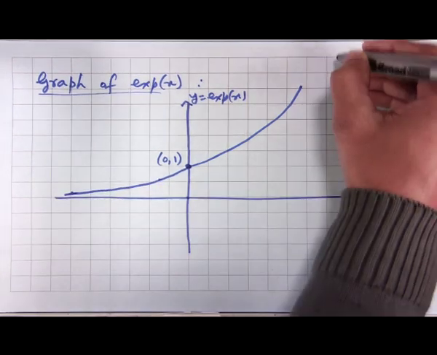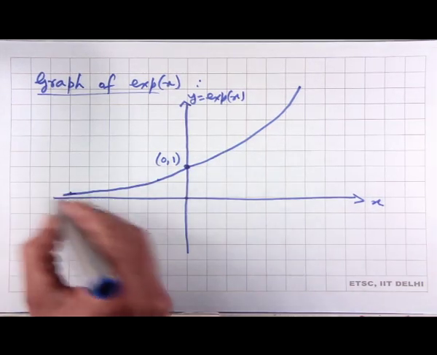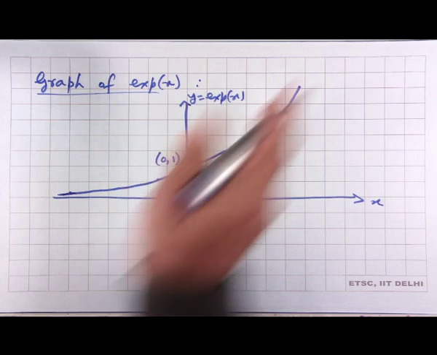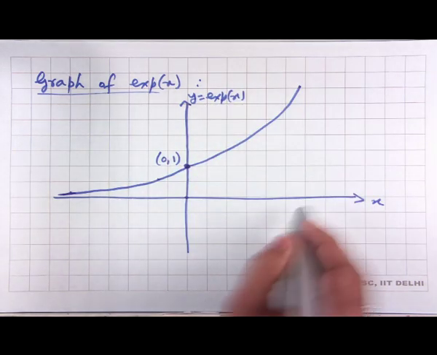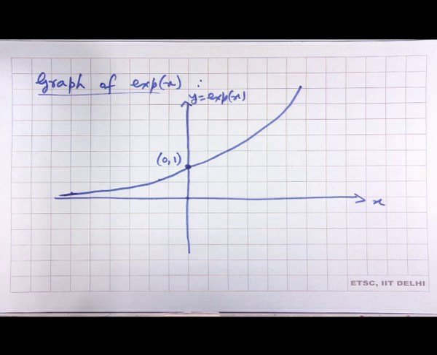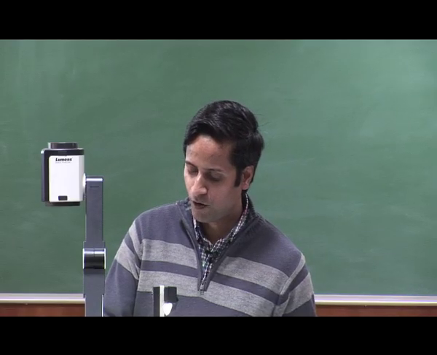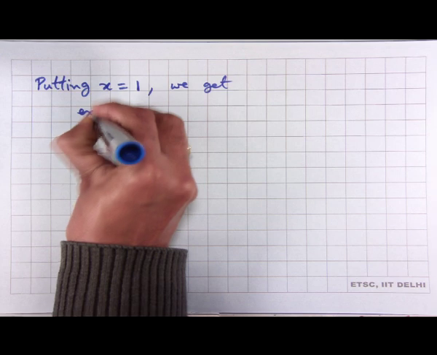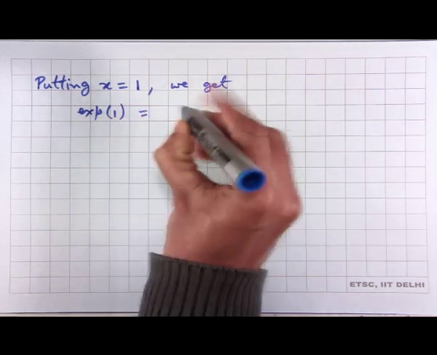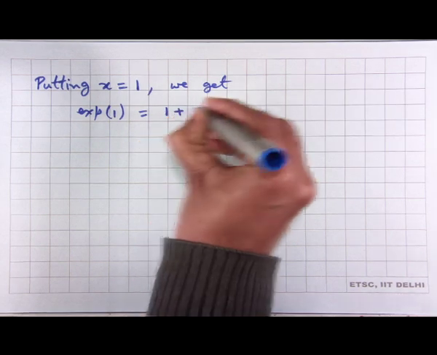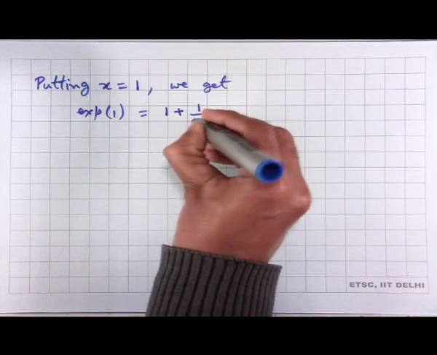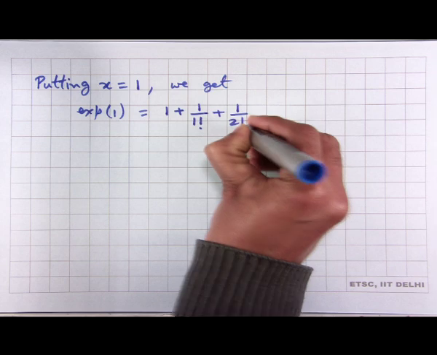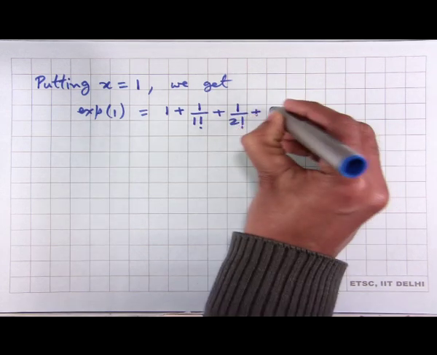This is always increasing, it goes to 0 as x goes to negative infinity, it goes to positive infinity as x goes to positive infinity. Now, if we put x equal to 1, we get exponential of 1, this is equal to 1 over 1 factorial plus 1 over 2 factorial, and so on.